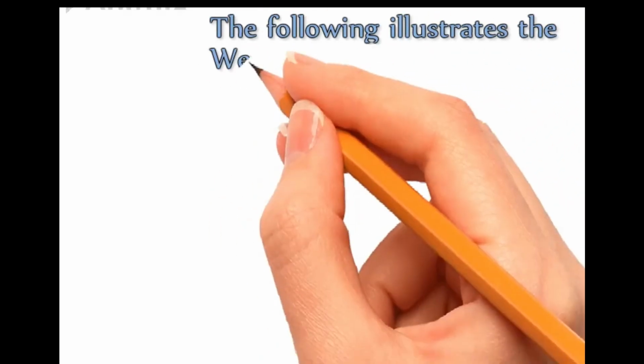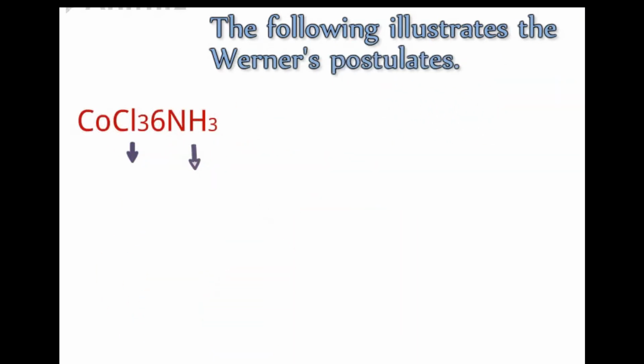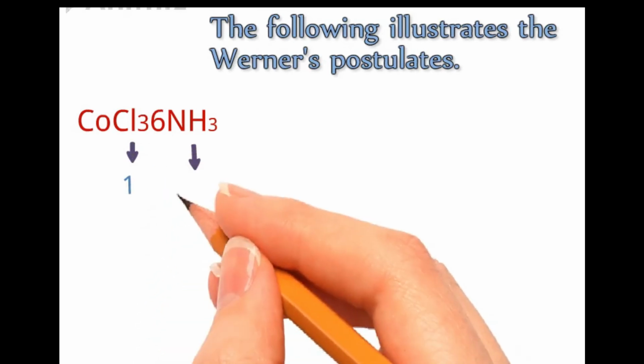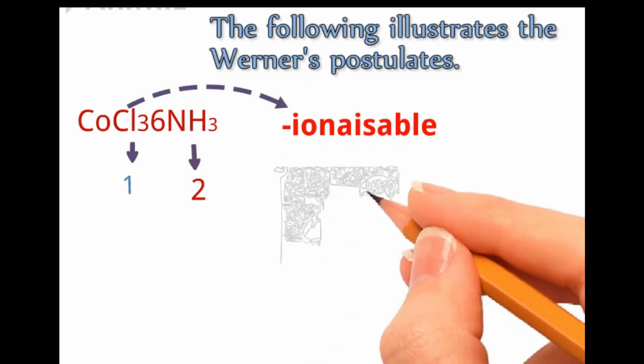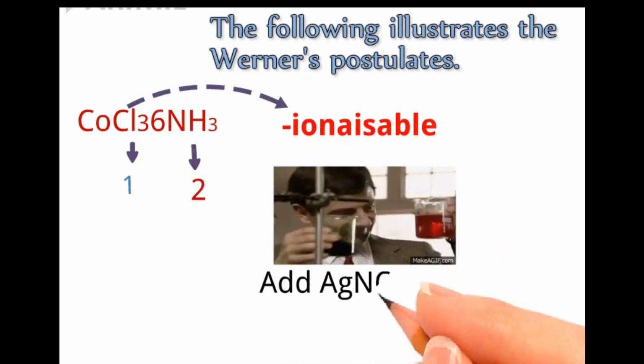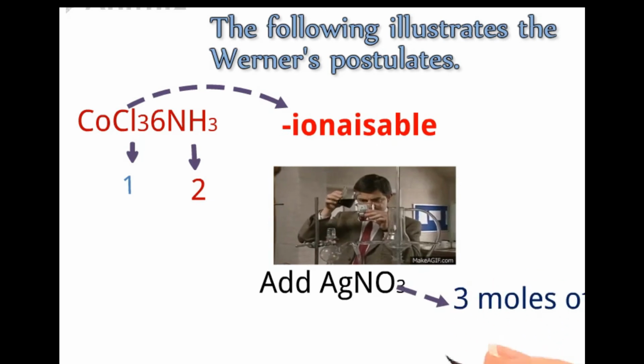The next one, see this. By seeing this example you can understand the concept easily. In this compound, Cl3 is the primary valency, 6 ammonia is the secondary valency. When it is mixed with AgNO3 solution, it forms 3 moles of AgCl. Why?